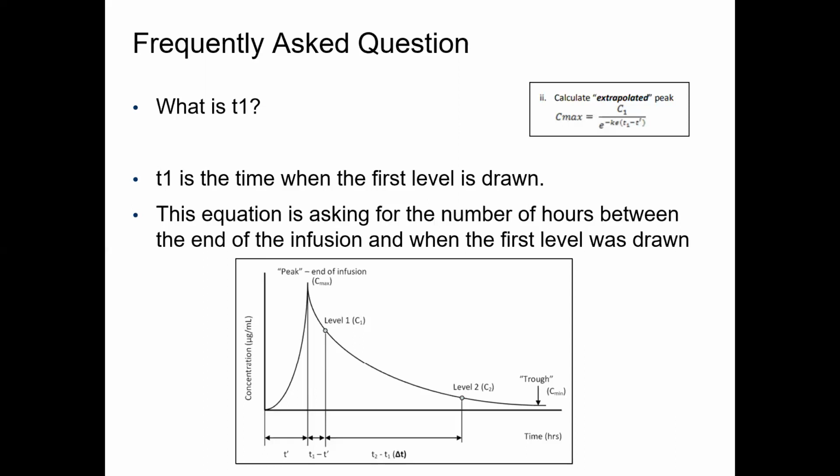And then you see level 1, or C1, and that is the time that the first level is drawn from the start of the infusion. And so this piece of that equation, T1 minus T prime, is the number of hours it took from the end of the infusion until when the first level was drawn.